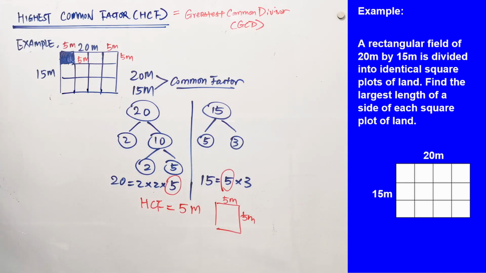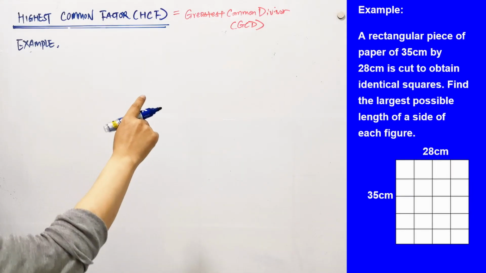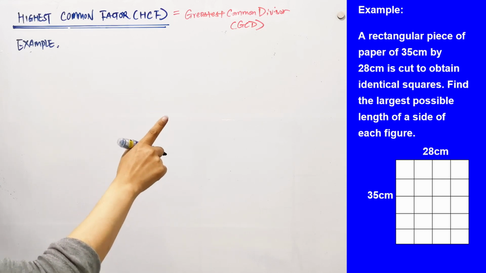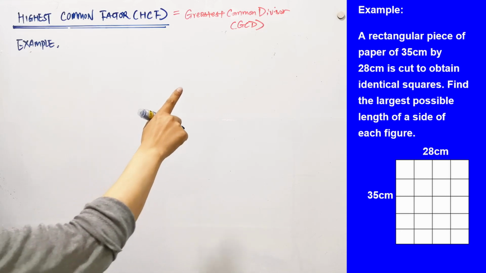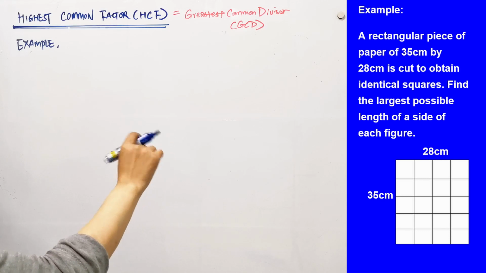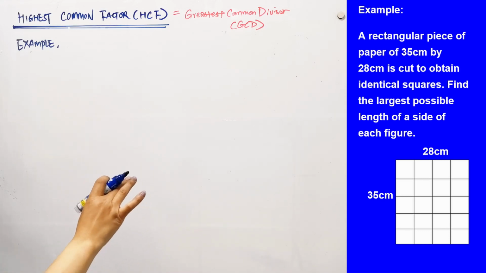Okay, let's look at the next example. So next example: a rectangular piece of paper 35 cm by 28 cm is cut to obtain identical squares. Find the largest possible length of the side of each square.